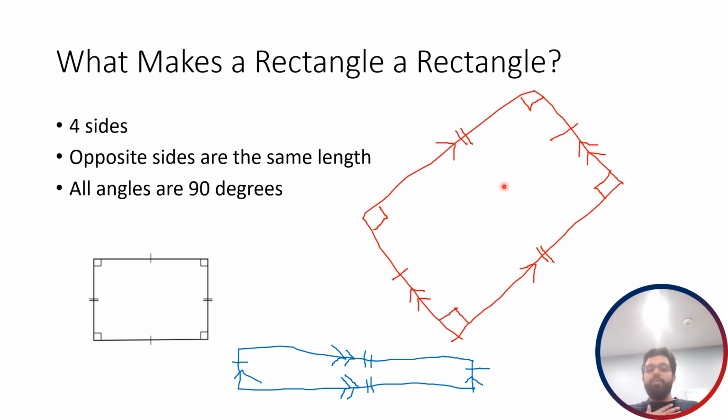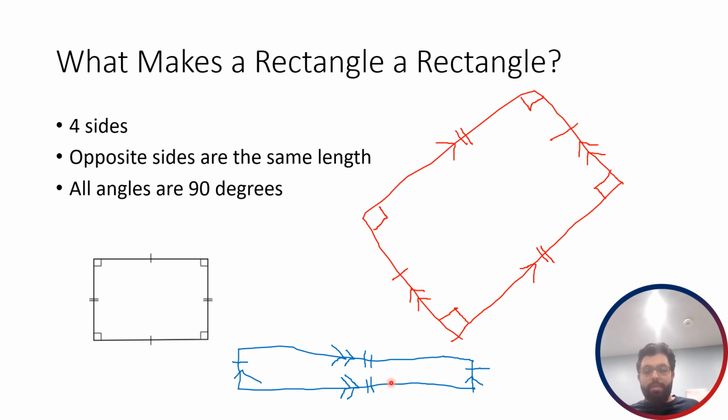I personally would recommend, just from my own experience working with it, it's least confusing to me, and it might be least confusing to you, if you try and keep the number of tick marks and the number of arrows the same. I don't think that's actually a rule in geometry. I don't think you have to do it that way when you're making your diagrams. I just like to. I like to put the 1 tick mark with the 1 arrow.